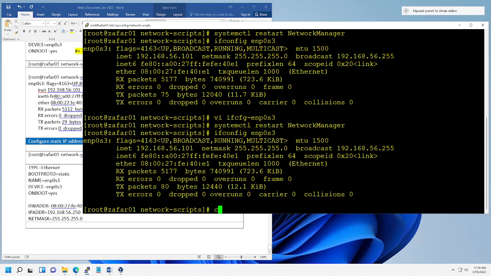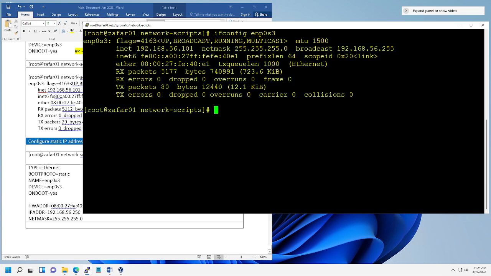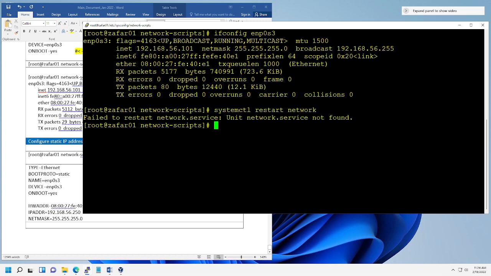Okay, so all right, let me try running a different command and see if it's going to take that. systemctl restart network. I'm going to say network.service.